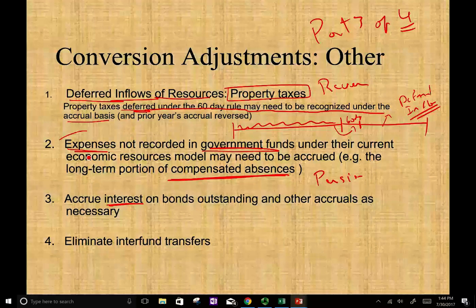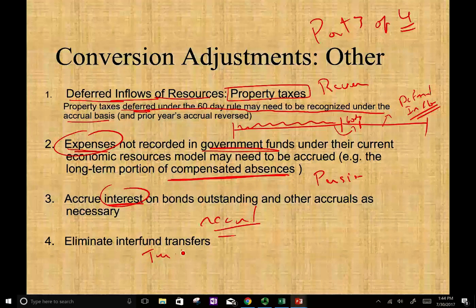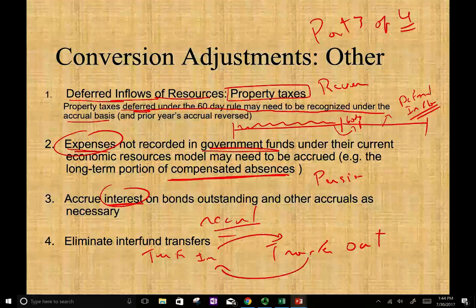So such expenses we're going to have to record. That's another thing we're going to have to do. And any interfund transfer, transfer between funds, transfer in for one fund, transfer out for the other, all these transfers in and transfers out will also need to be eliminated. So this is what we're going to be doing.